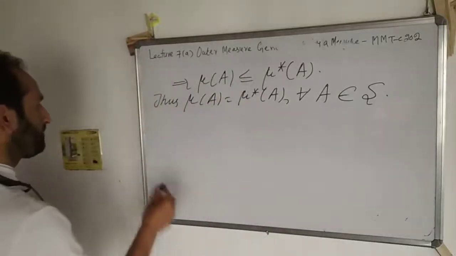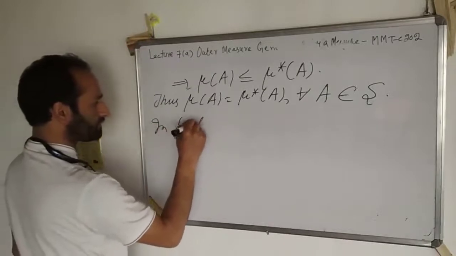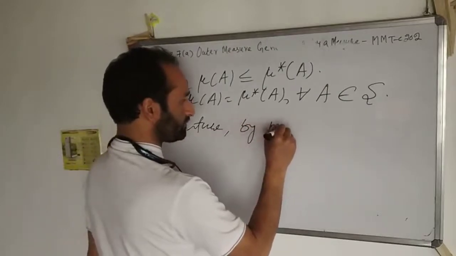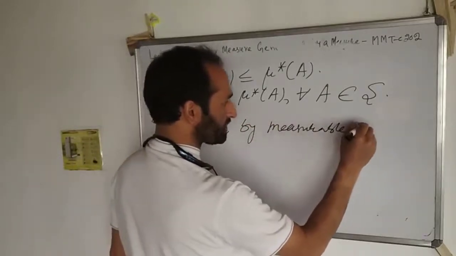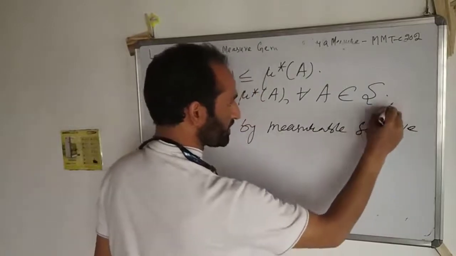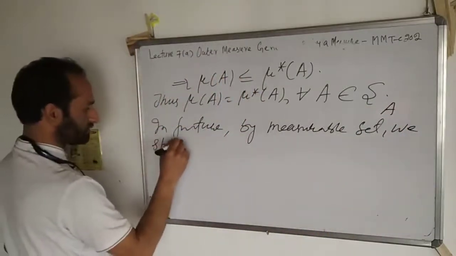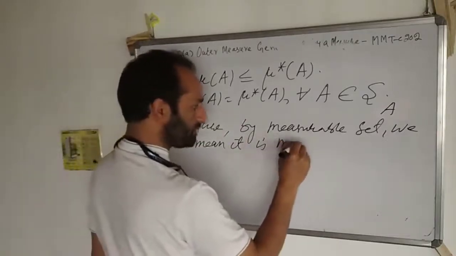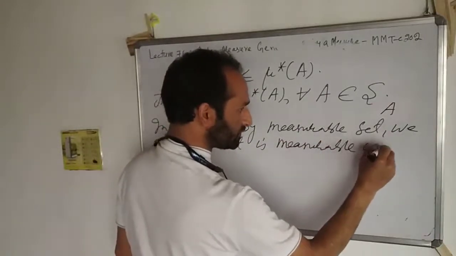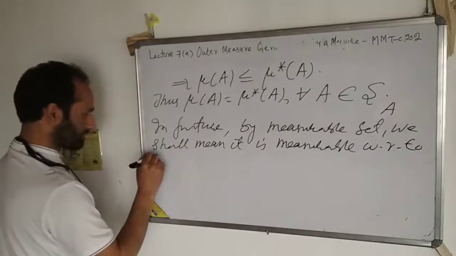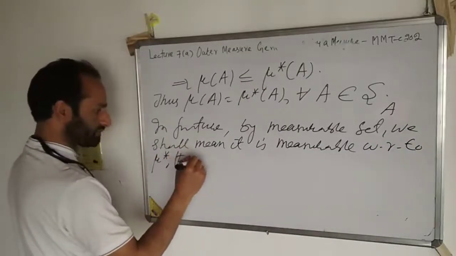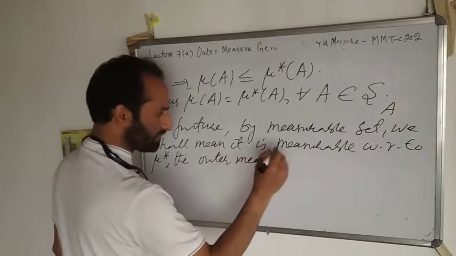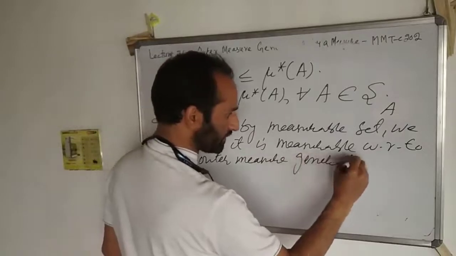So now in future, by a measurable set A we shall mean that it is measurable with respect to mu star, the outer measure generated by mu.